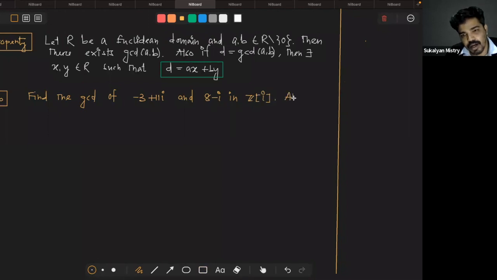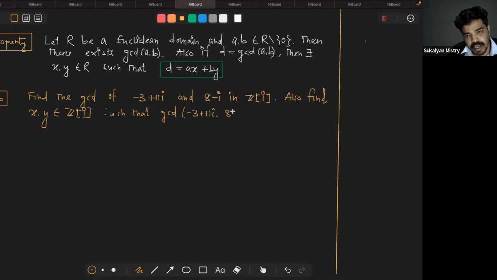Also find x, y belongs to Zi such that GCD of -3 plus 11i and 8 minus i is equal to (-3 plus 11i) into x plus (8 minus i) into y.